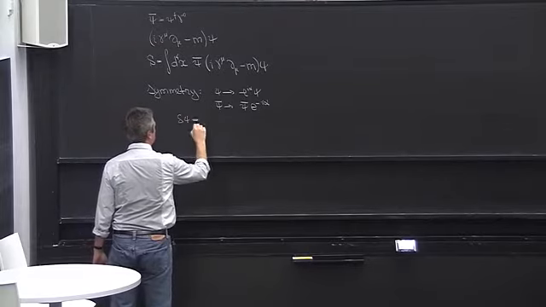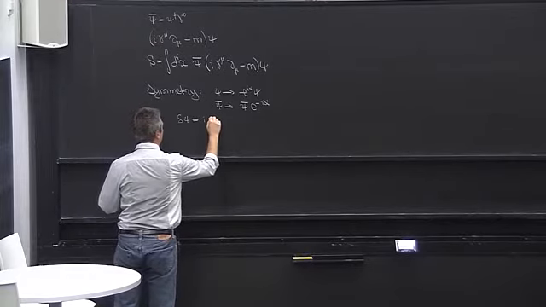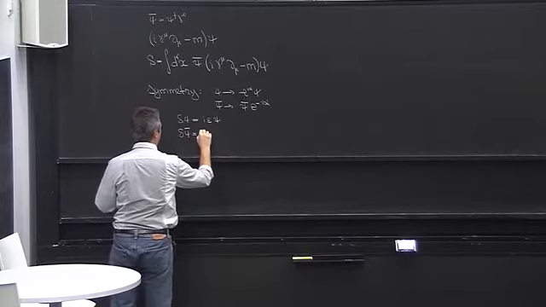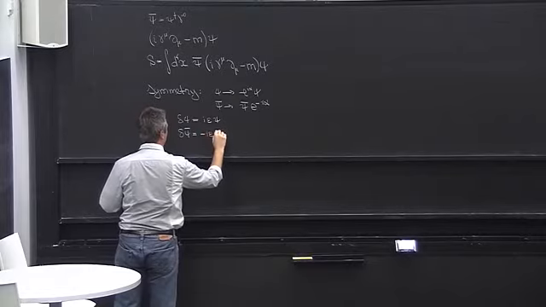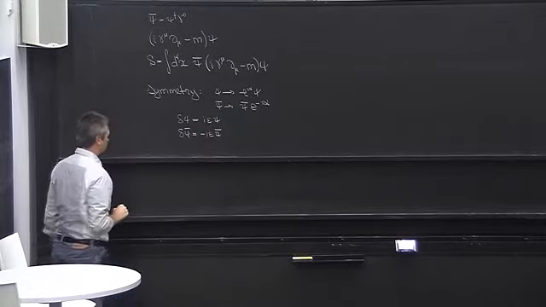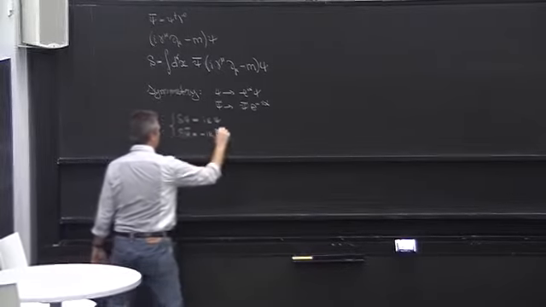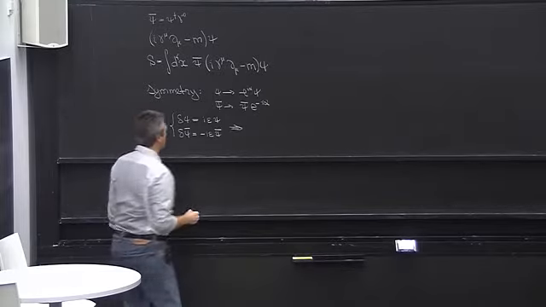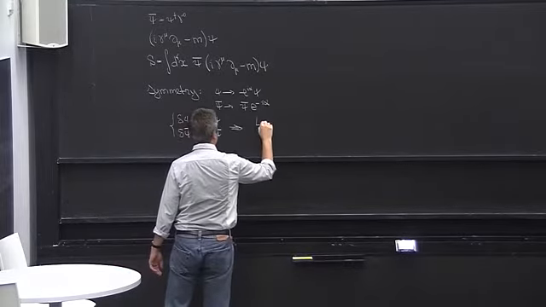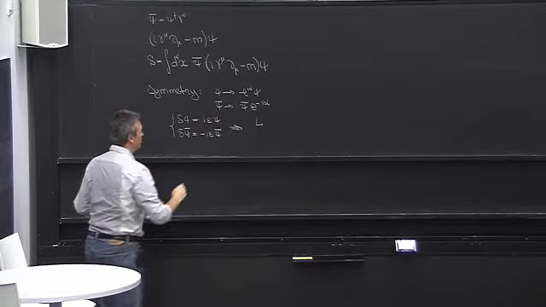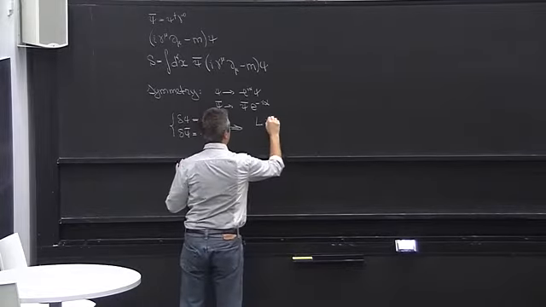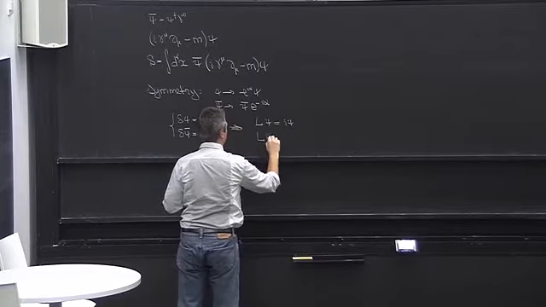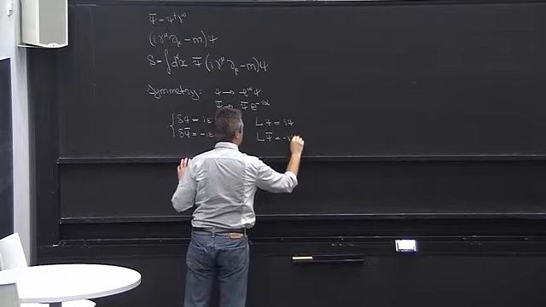So delta psi is equal to i epsilon psi. Delta psi bar is minus i epsilon psi bar. So from that, we conclude that the generator of this symmetry acts simply by multiplying with an i. So L psi is simply i times psi, and L psi bar is minus i psi bar.